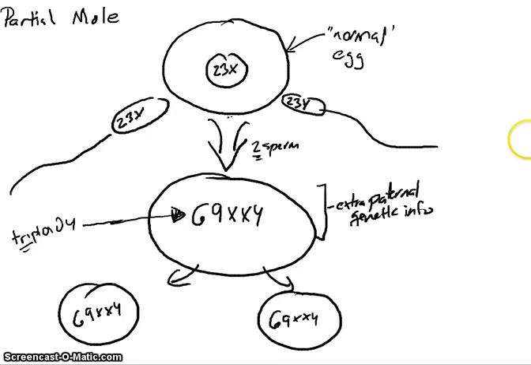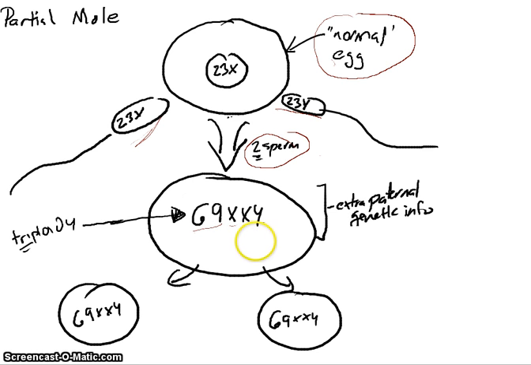Okay, so now let's really quickly talk about partial mole as well. Again, in complete mole, we did not have a normal egg. That egg lacked a nucleus. In this case, though, we will have a nucleus. We will have a normal egg with a partial mole. However, most of the time, this is formed when 2 different sperm join the same egg, and we essentially have 2 sperm and 1 normal egg that gives us a triploidy, a 69XXY.